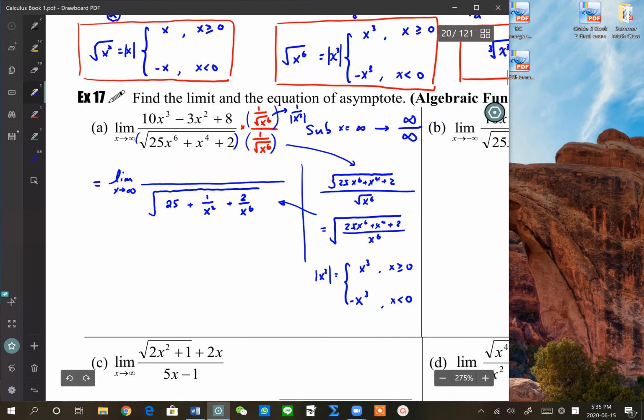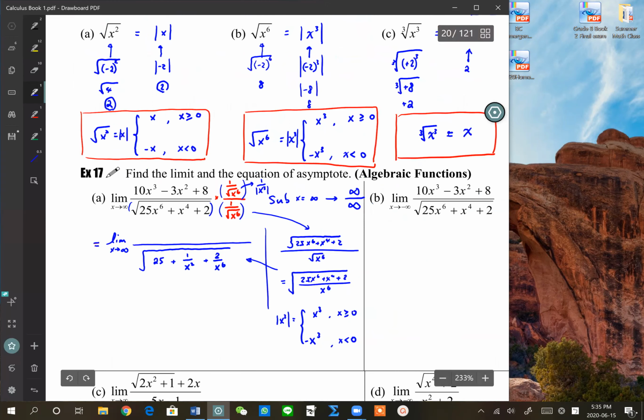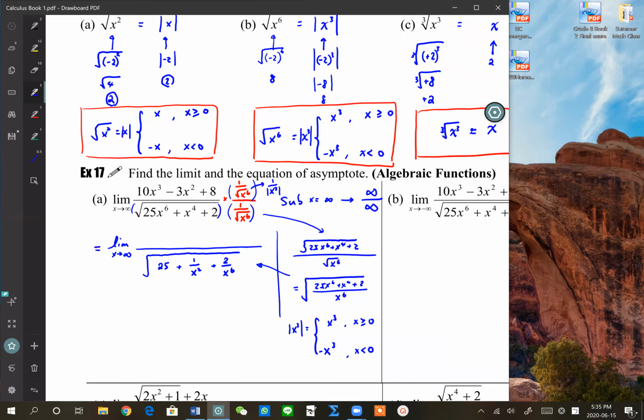This is part B, the one I put a star on. We went over that. Let's put a star here too.